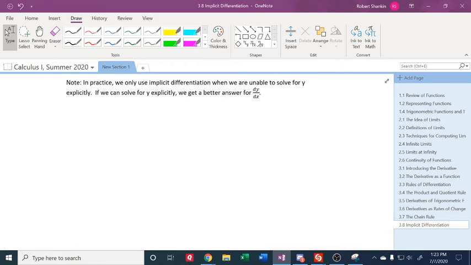Alright. So, now that we have the basic idea of implicit differentiation down, let's do it on a problem, and I'm going to switch over because I'll be quicker and more efficient if I go to my whiteboard.